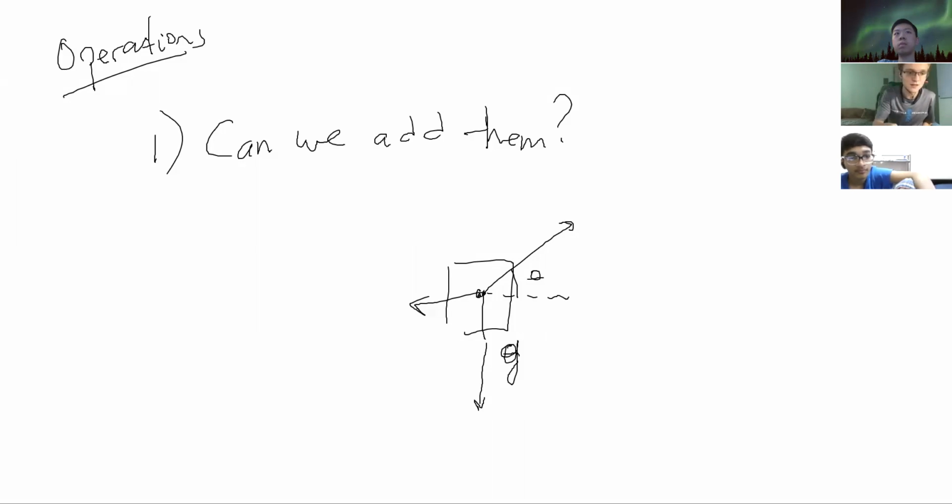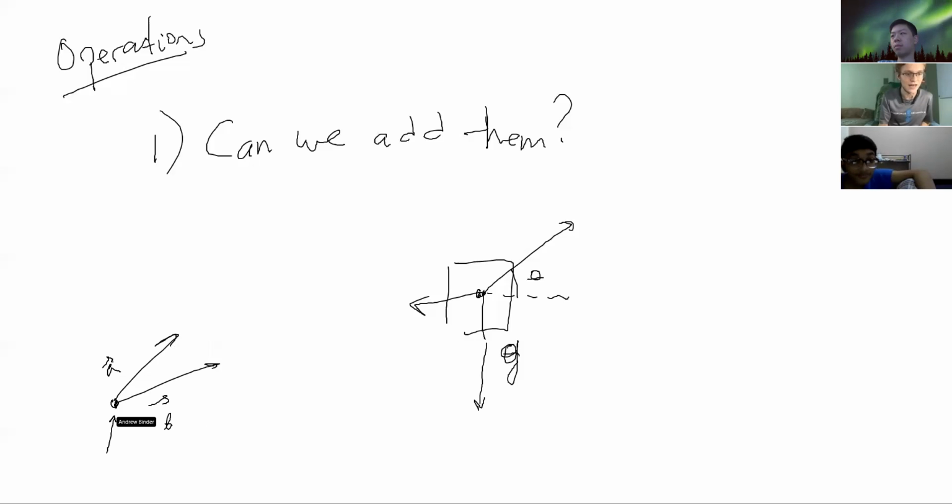If we have two vectors like this, vector A and vector B, and we want A plus B, we move one part of B to the edge of A.